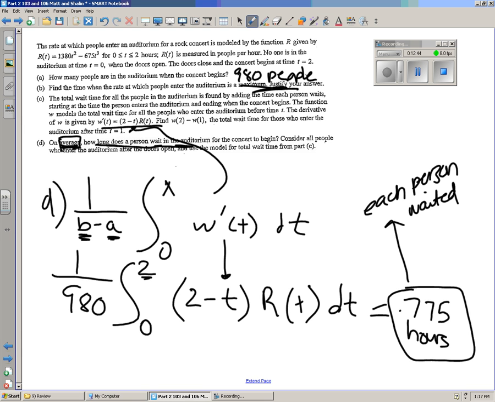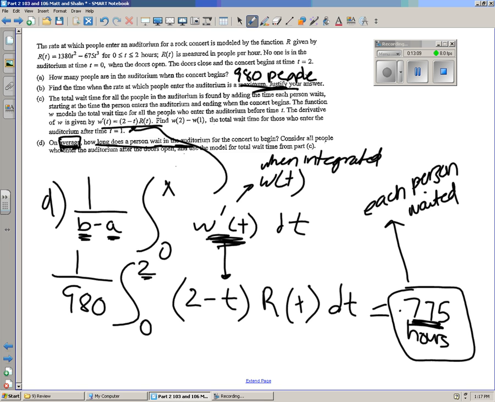And we know that w is a function that tells us the total wait time. But when we integrate w prime of t, you have to remember that we get w of t, which is the total time waited. And once we divide the total time waited by 980, that's how many people we have, we get 0.775.